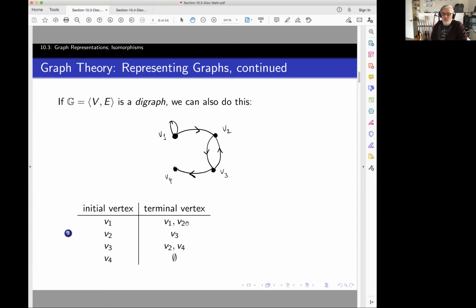So these are the terminal vertices with initial vertex V1, right? V4 is what we call a sink. I don't know if we'll need that, but it has no edge going out of it. So terminal vertices corresponding to an initial vertex V4, there's none. It's empty. Okay, so obviously you see that if you're given a table like this, then you have all the information that you require for your digraph, right? Okay.